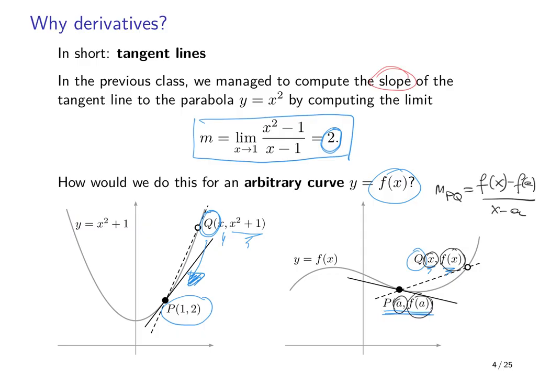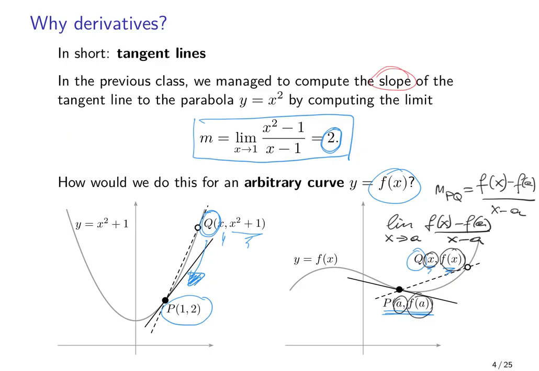That is the slope of the line through P and Q, and now we're going to let Q go to P, so that is equivalent to taking a limit as x goes to a of that expression f of x minus f of a divided by x minus a.